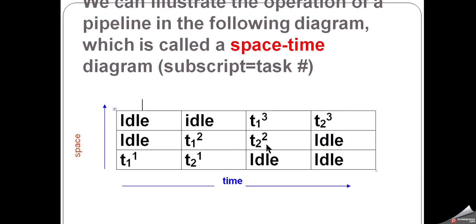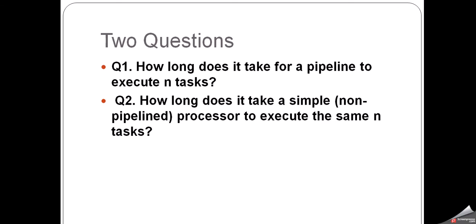But task 2 is now being processed by stage 2 of the pipeline, and T1 is being processed by stage 3. And the final column indicates that stage 1 and stage 2 are both idle. Stage 3 is busy, processing T2. It's completing work on task 2. So this is called a space-time diagram, and comes in quite useful a bit later on.